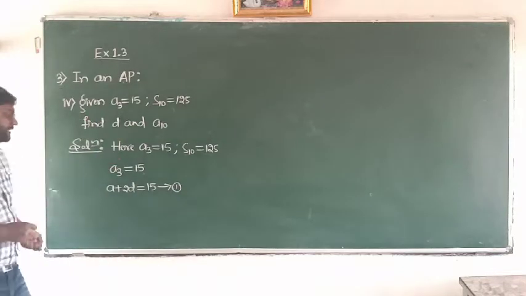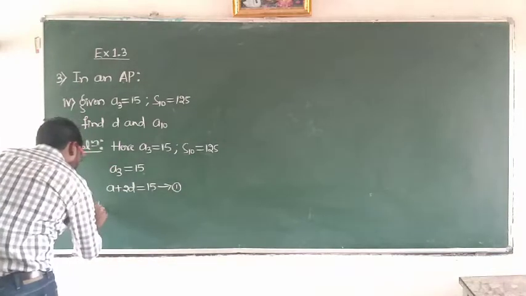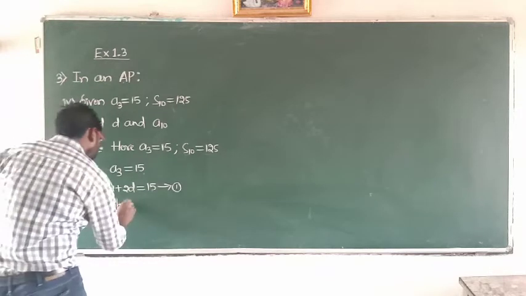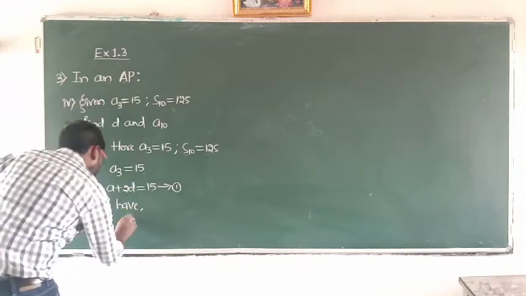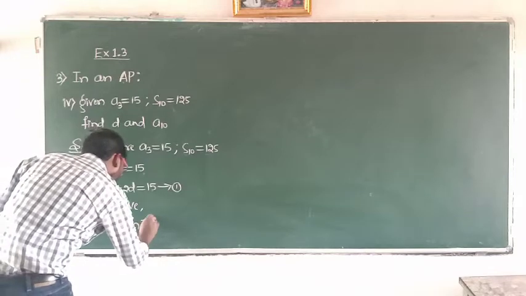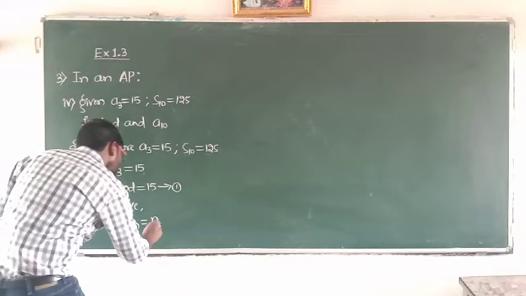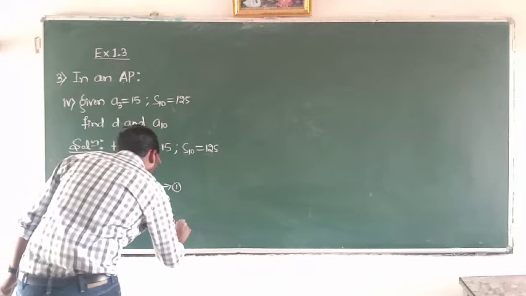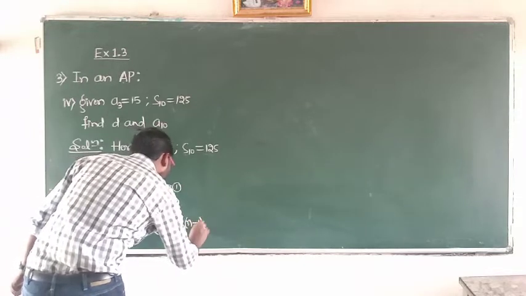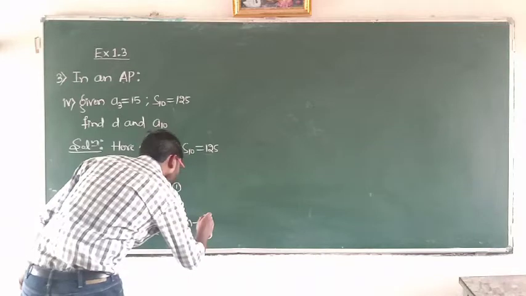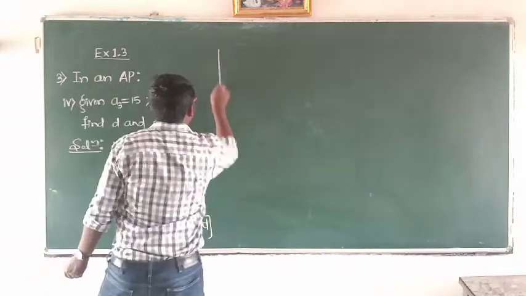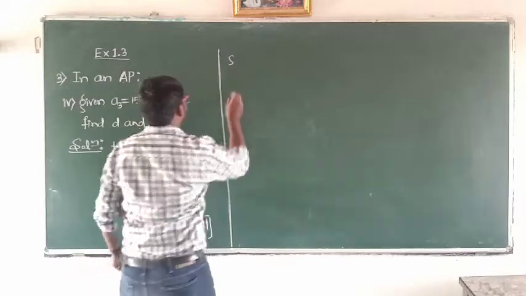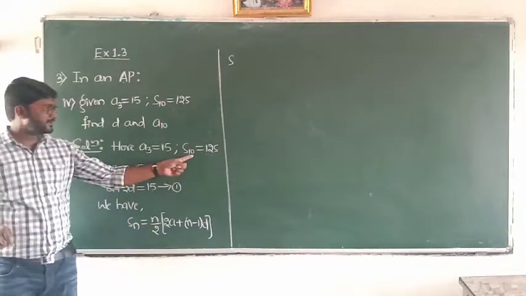Now I will go for S10. We have Sn is equal to n by 2 into 2a plus n minus 1 into d. What is the value of n here? It is 10.